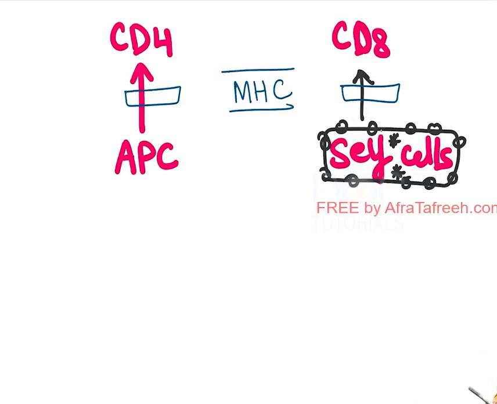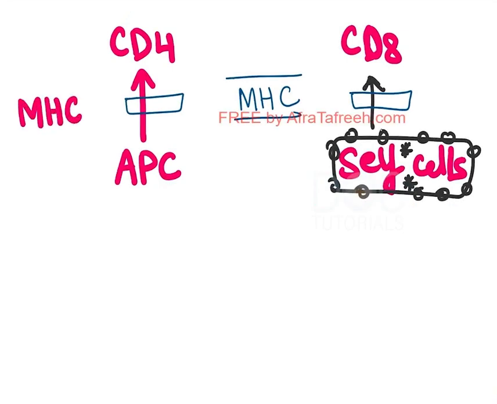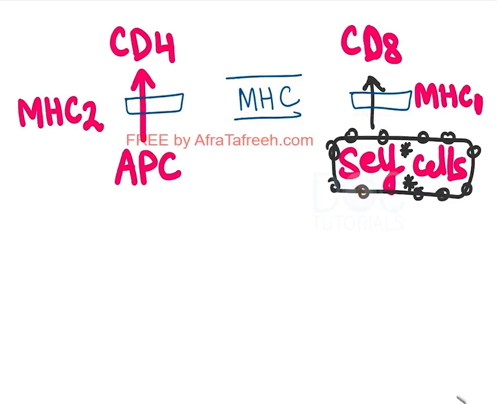Let's understand them. All the antigen presenting cells have an MHC molecule on them. This molecule is called MHC2. All the self cells have one MHC on them. This MHC is called MHC1. So all the self cells have MHC1, and all the antigen presenting cells have MHC2.